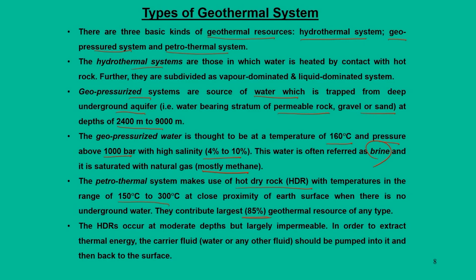These rocks are also available at moderate depth, but they are highly impermeable. So, in order to extract this energy, we require a carrier fluid which has to be injected or pumped into the ground. Basically petrothermal systems use outside fluid which is pumped into those rock regions to harness the energy.